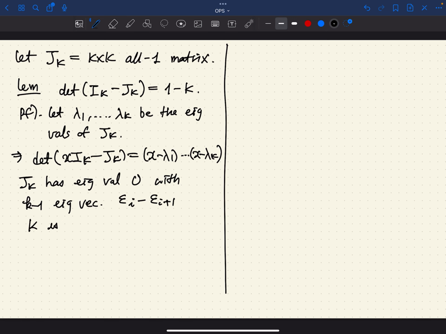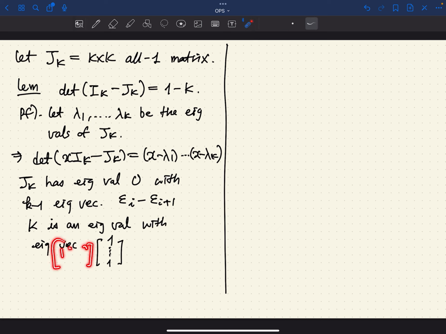k is an eigenvalue. What is the eigenvector? The all one vector. Because if you multiply it, everything is 1, everything is k. So k is also an eigenvalue. So we have found everything.